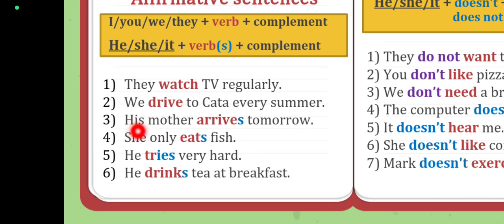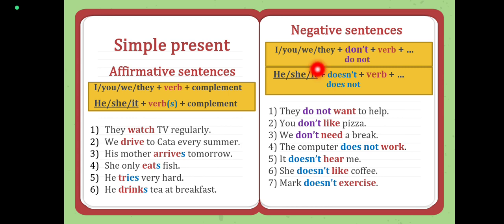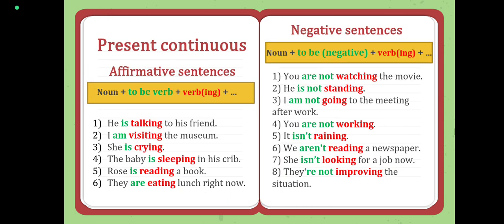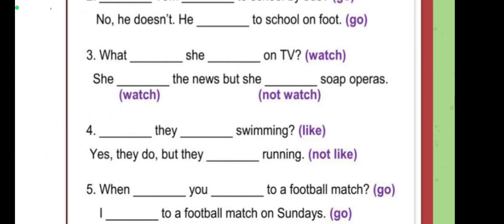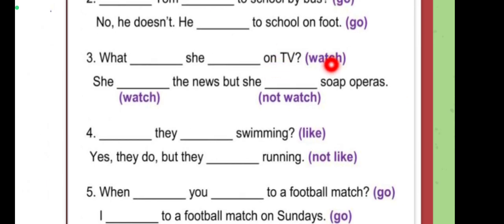For the affirmatives we add the S, and we don't use the auxiliary. The auxiliary is only for negatives and questions. So here we have a question, perfect. It has does. What does? Here we have a negative. It's great. It has does. She doesn't watch.